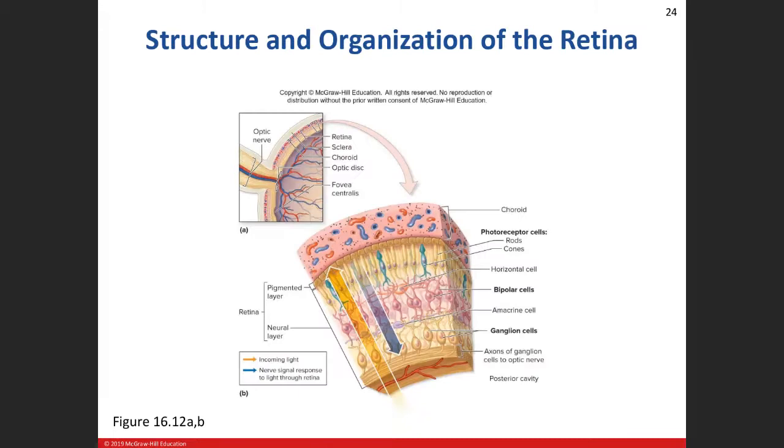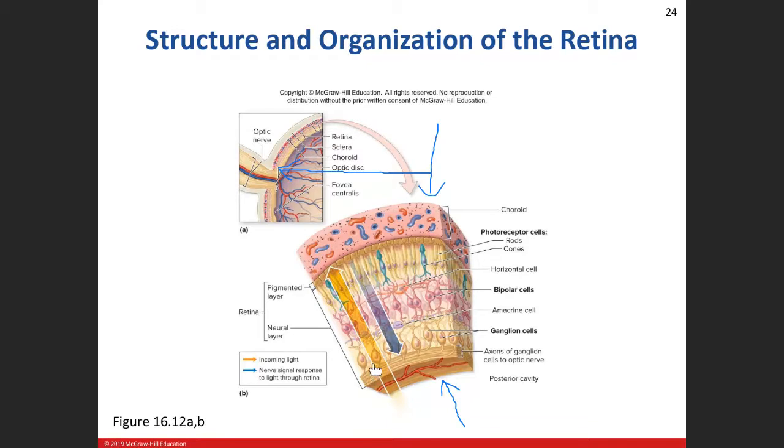In fact, let me just show you. There's the one I'm talking about. So here's light, it's coming in, and it's going to hit the retina this way. This is the innermost layer here, and this is the outermost layer. That's where the choroid is. Looking at this picture, here's the light coming in.